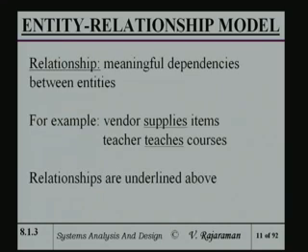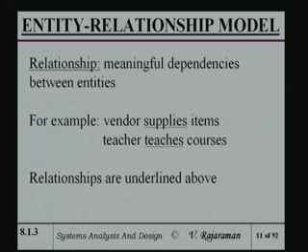Relationship is a meaningful dependency between entities. For example, a vendor supplies items. So vendor and items are entities, whereas supplies is a relationship. In other words, it connects the two entities, namely vendor and items, through the relation supplies. One way of looking at it is that vendor and items are nouns and supplies is a verb.